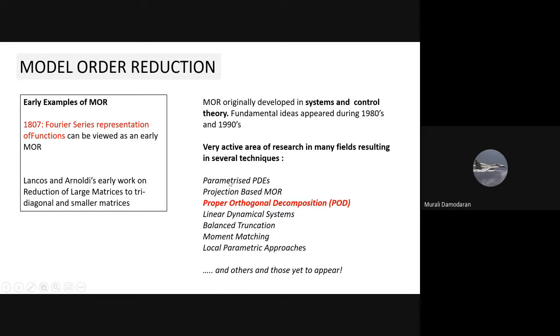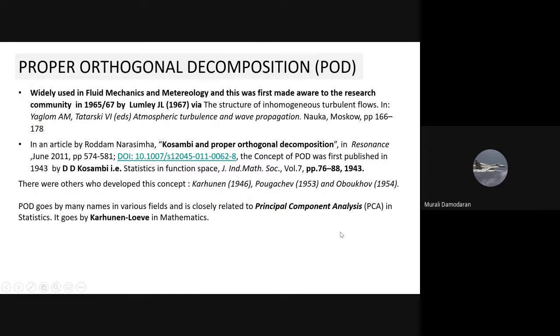But basically, you have parameterized PDEs, projection-based model order reduction, POD, linear dynamical systems, balanced truncation, and so on. I'm only going to talk about the POD in this lecture, because we have limited time.